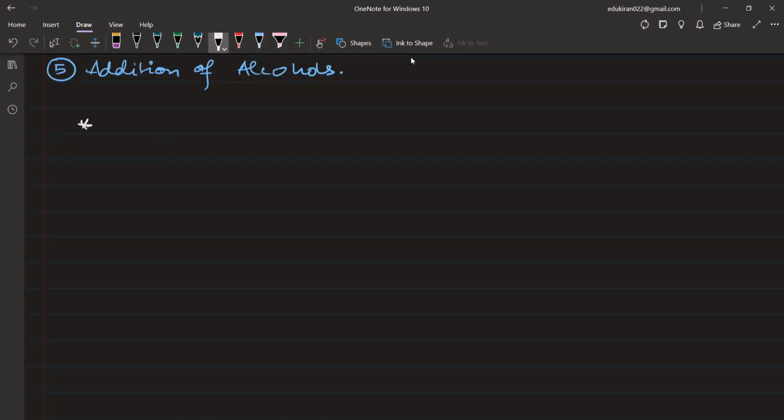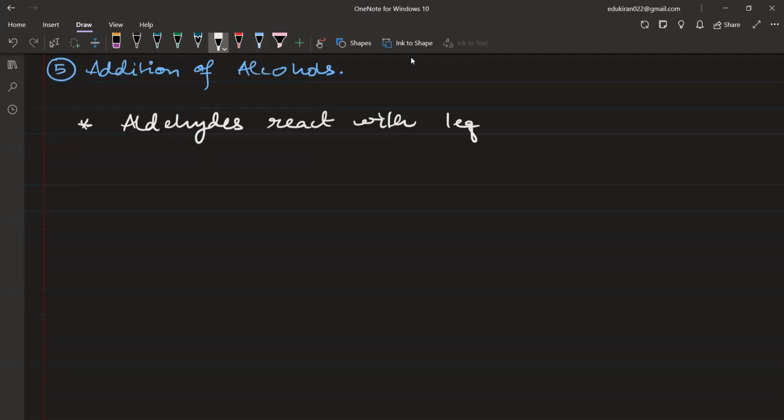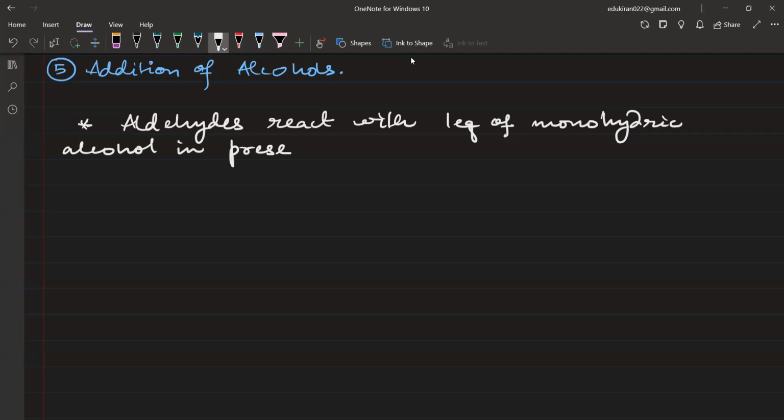So please write aldehydes react with one equivalent of monohydric alcohol in presence of dry HCl to form alkoxy alcohol.